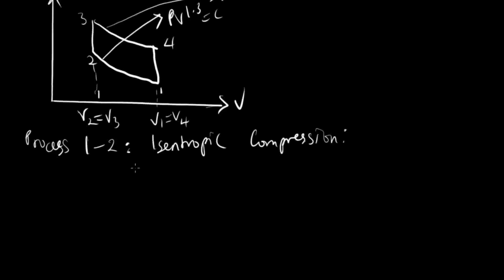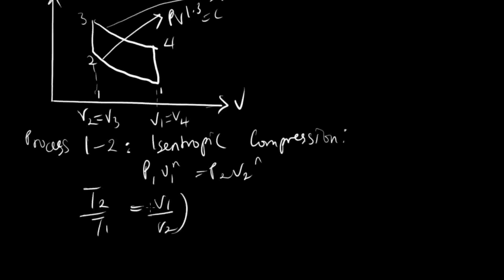Now since we don't have pressures, P1 V1 raised by n is equal to P2 V2 raised by n, but we are not given the pressures, so rather we go straight and say T2 over T1 is equal to V1 over V2 raised by n minus 1. So of course this becomes T2 is equal to T1 RV n minus 1.